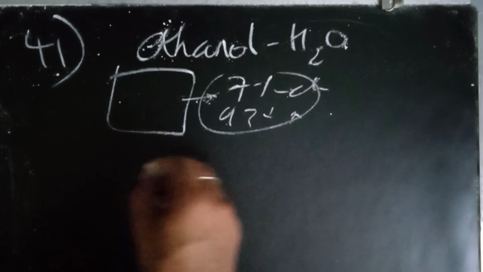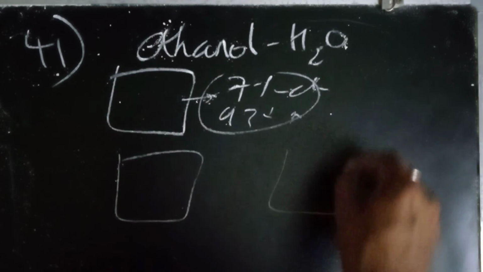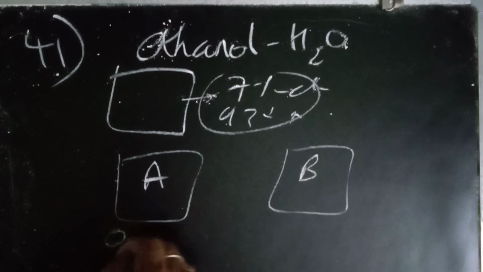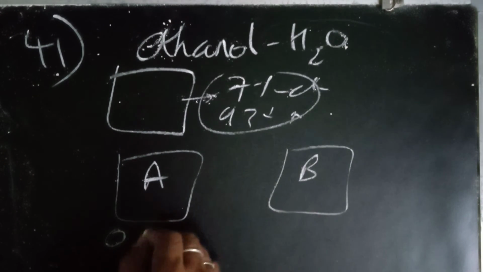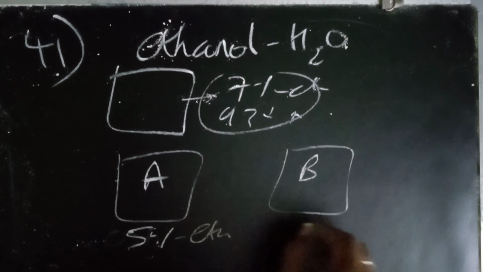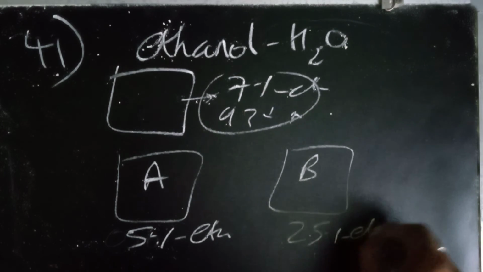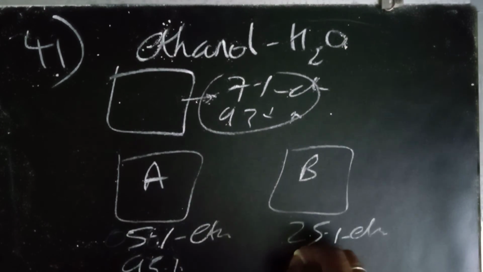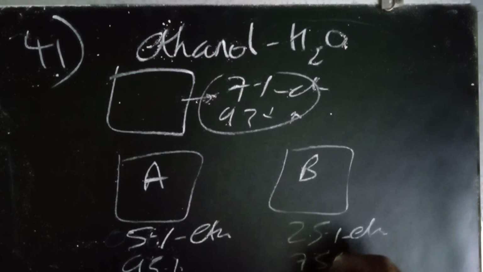To make it, we use two solutions A and B. One had 5% ethanol, and the other had 25% ethanol. So this had 95% water, this had 75% water.